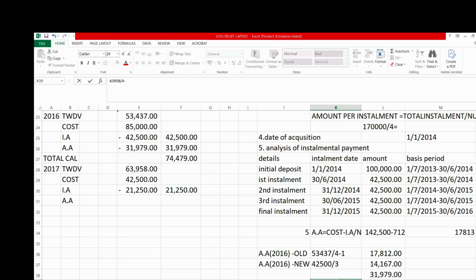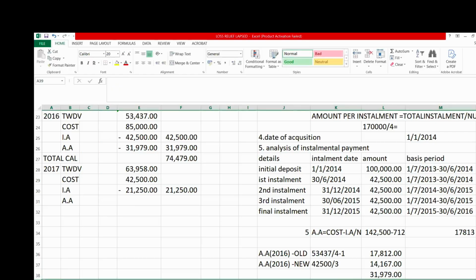You have only claimed 2 years. So that will be 63,958 divided by 4 minus 2, which gives us 31,979 as the value.